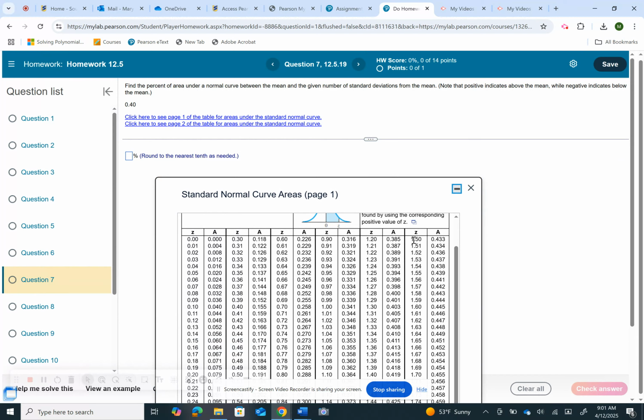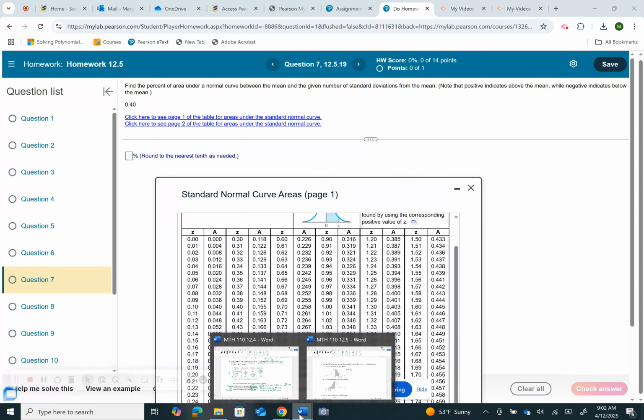Right here, okay? And right there I see that 1.5 has a corresponding A value of 0.433. But you see what I'm talking about? I've got my cursor kind of there. See that? 1.5, 0.433.